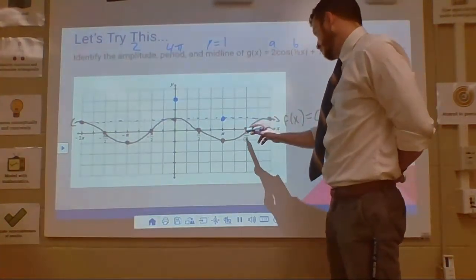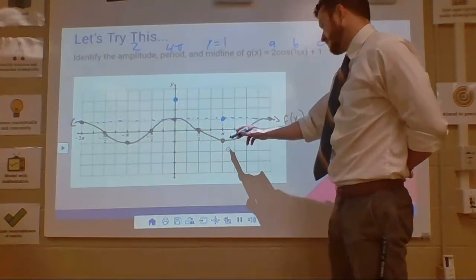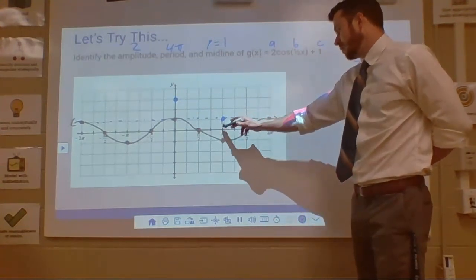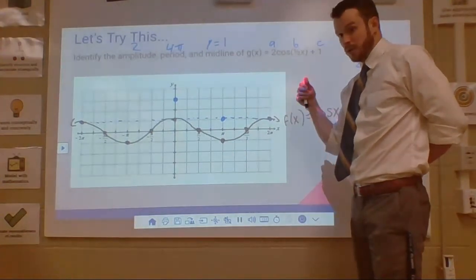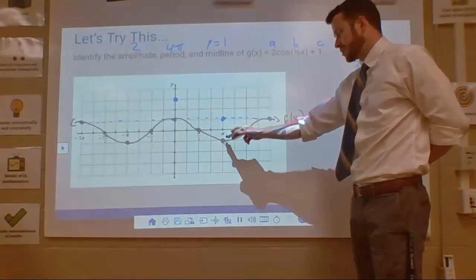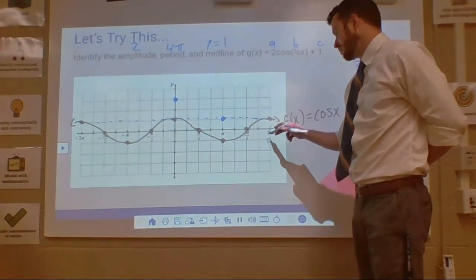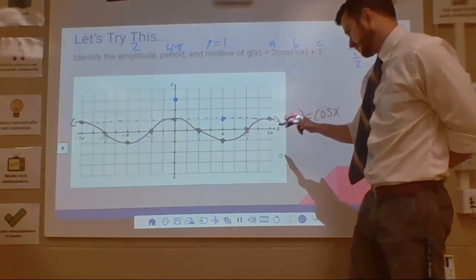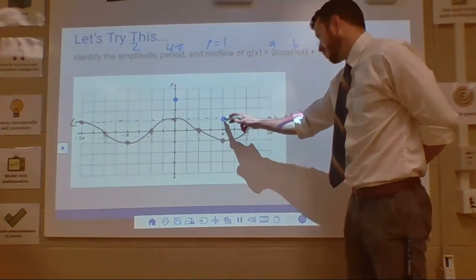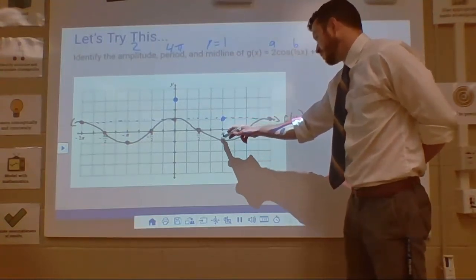So then we're going to have a minimum value, okay? So the minimum is at pi, right? Now, remember I'm doubling the period, right? So I'm going to say pi times 2. This point's going to be 2 pi, okay? The x value is going to be 2 pi. Now, we were 1 unit away from the midline on the parent function.